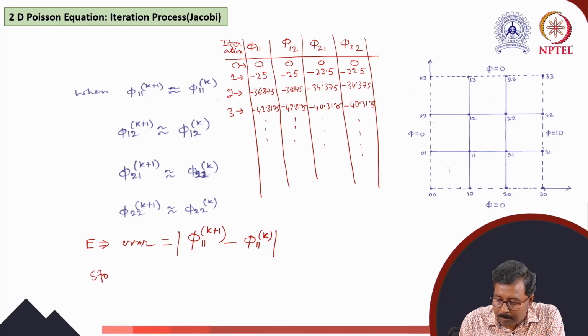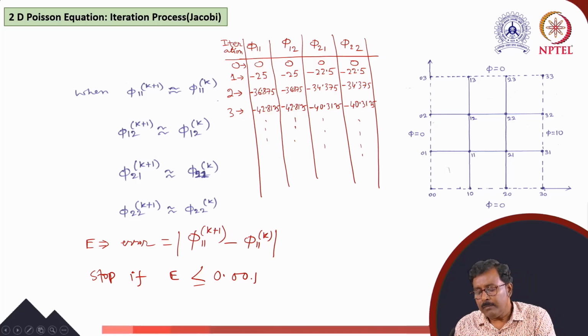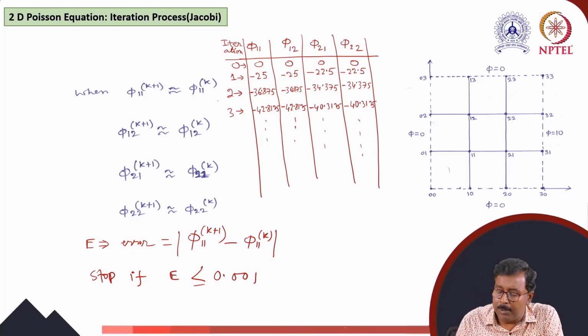So stop if E is less than or equal to 0.001. In this way you can set it to get the converged values.